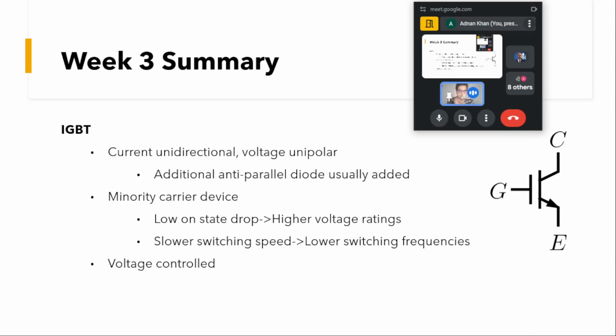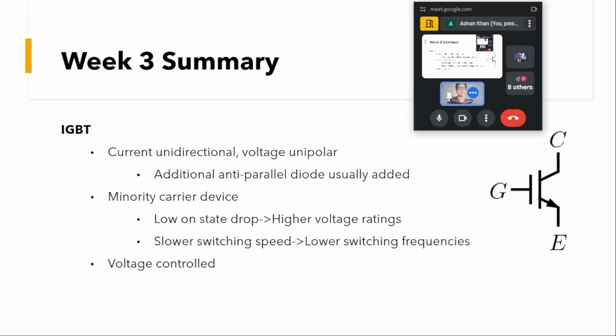Because of the large number of minority charges available in the IGBT, we have a low on-state drop compared to the MOSFET.